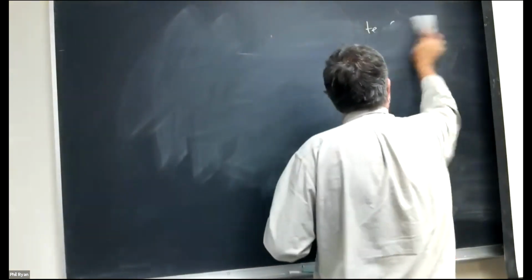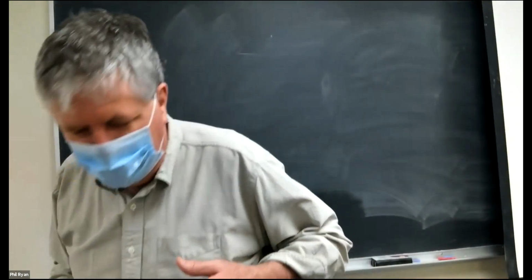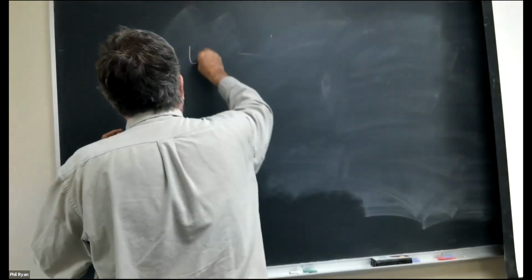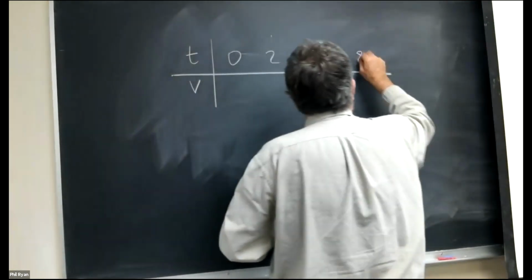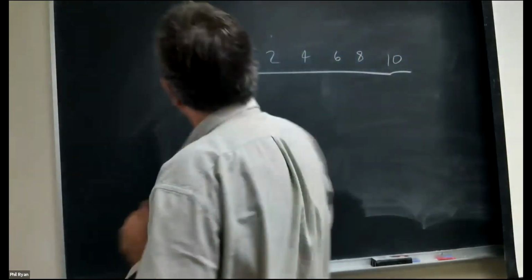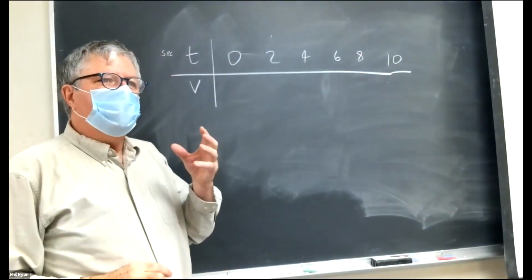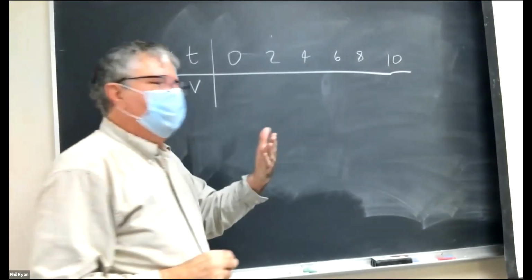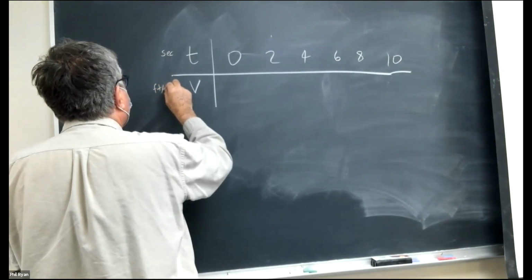So let's have a look at a distance problem, except we're given velocity. Let's say we're measuring the velocity over a 10-second period. So this is going to be feet per second.